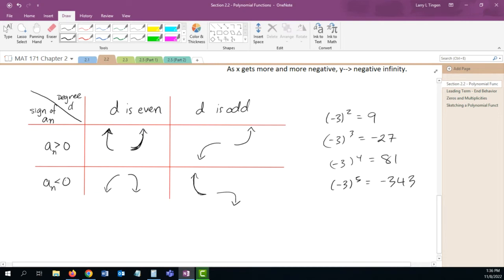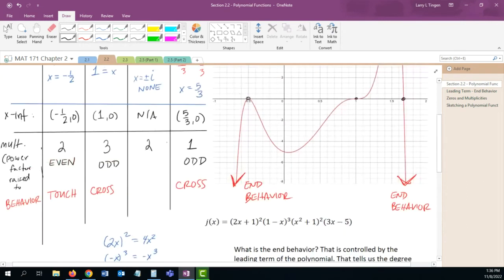If you can tell me the sign of the leading coefficient and the degree of the polynomial, you'll figure out what this graph looks like on the ends. And then with all of this information, you'll be able to plot all of the x-intercepts and the behaviors according to that.